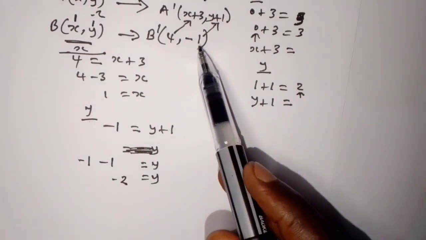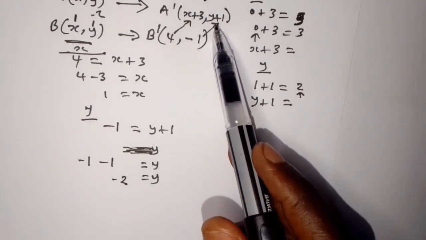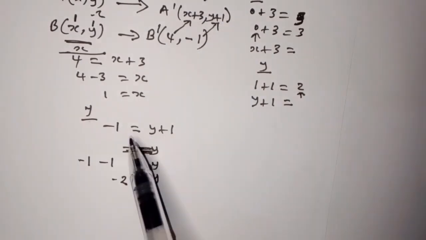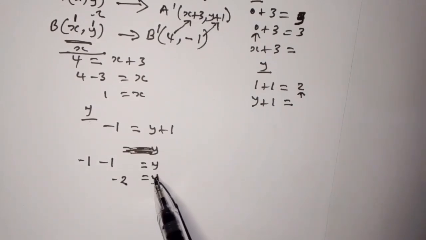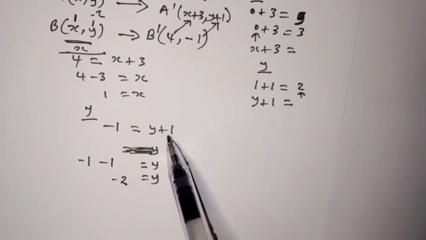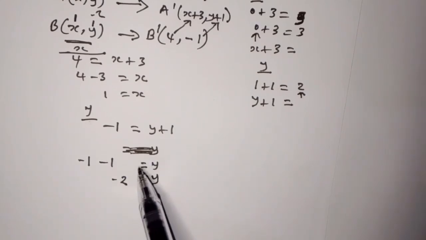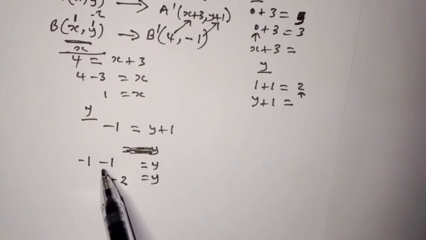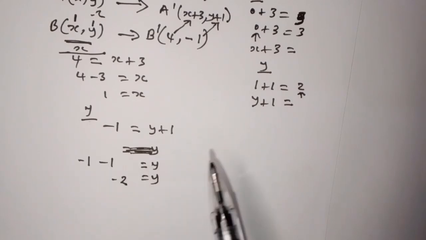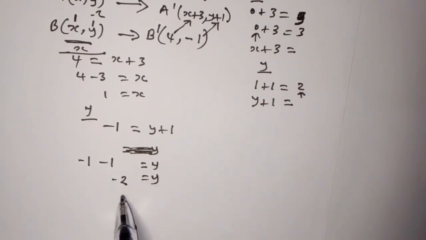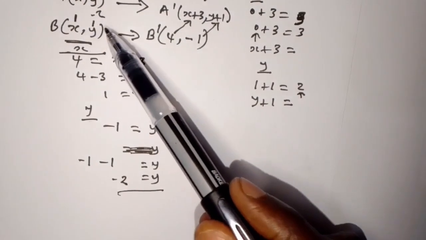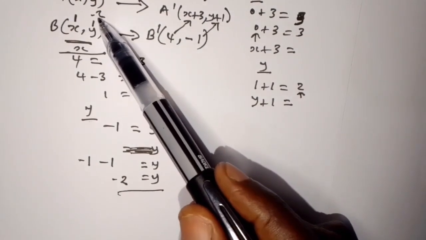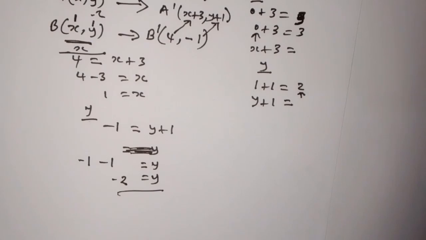For y we say that negative 1 is equal to y plus 1. Then now we bring positive 1 to the other side. y is equal to negative 1 minus 1. y is equal to negative 2. So our coordinate here will be y is negative 2, x is 1.